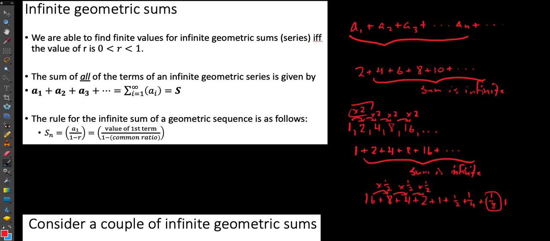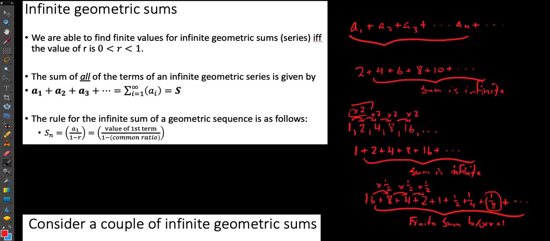Adding up infinitely many numbers that are continuously getting smaller actually leads us to what we call a finite, countable sum. So this will have a finite sum, and the reason is that r is less than 1. As a matter of fact, I'm going to say r is between 0 and 1.